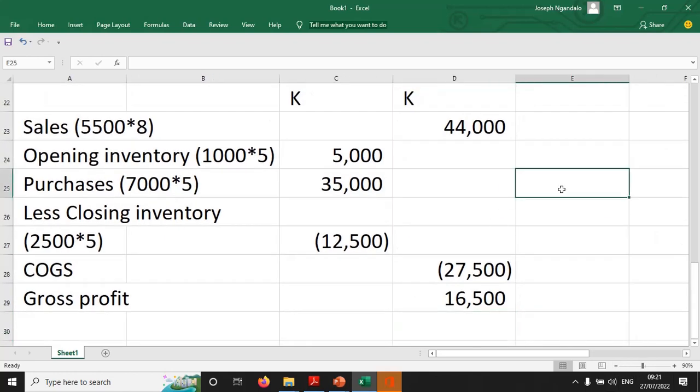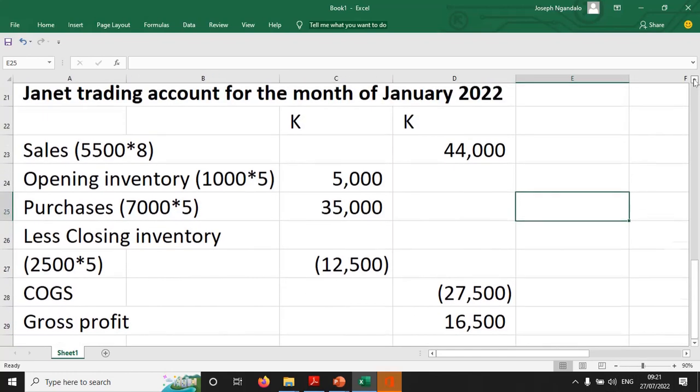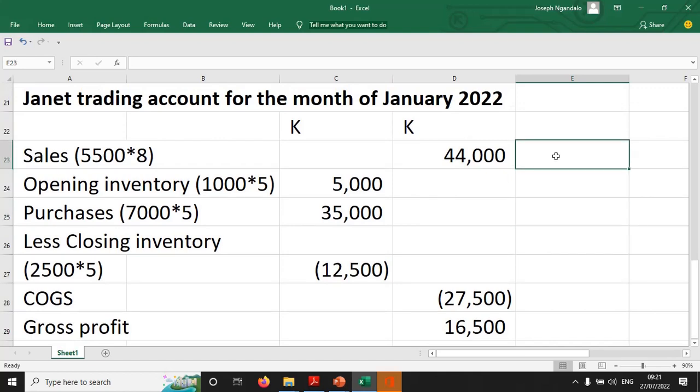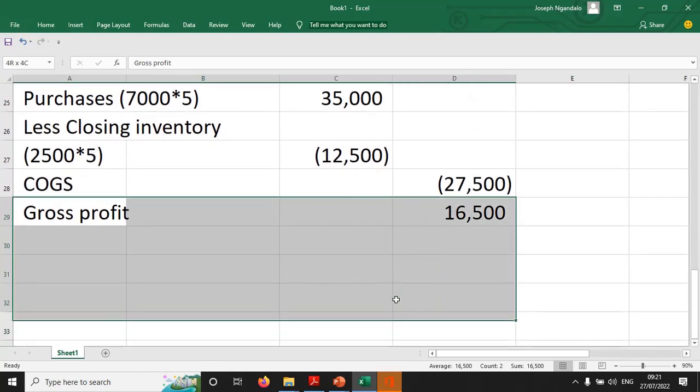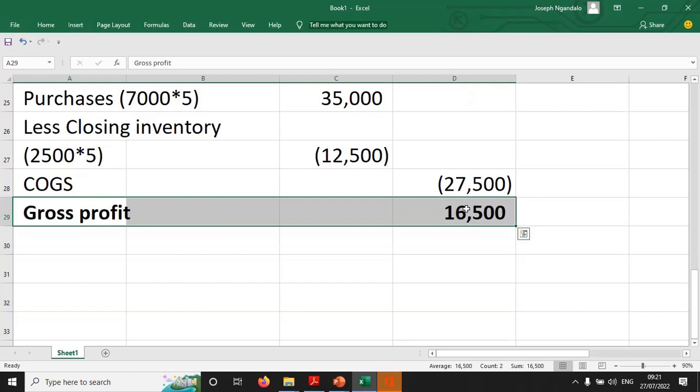Are we together? 16.5 is what we have there. So we are done with the requirement. Our job was to establish the gross profit.